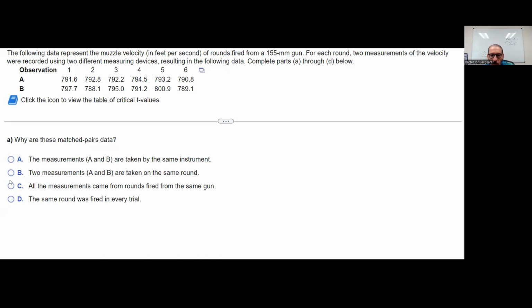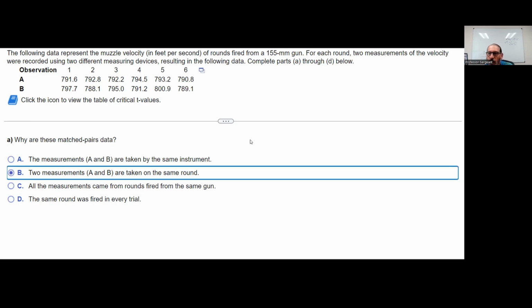Because all the measurements came from rounds fired from the same gun. Two measurements were using different instruments, and per round, two measurements by two different recorders were taken.